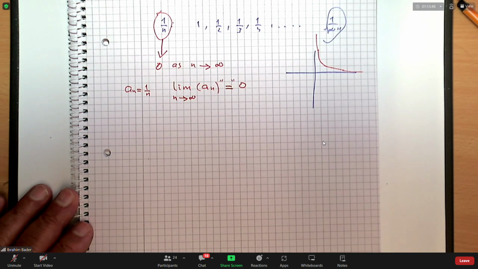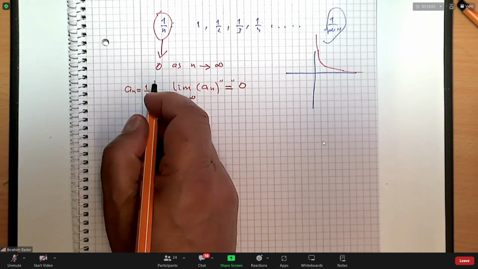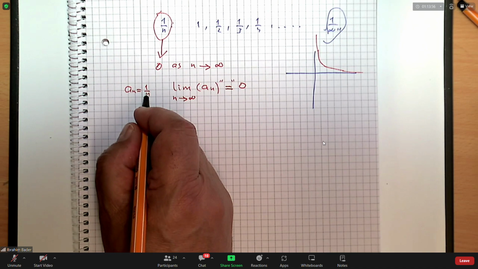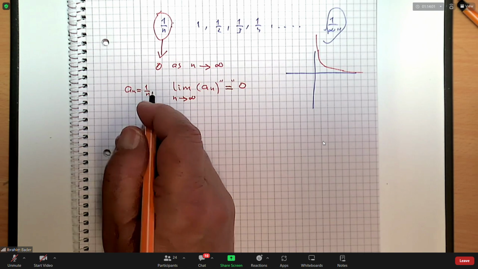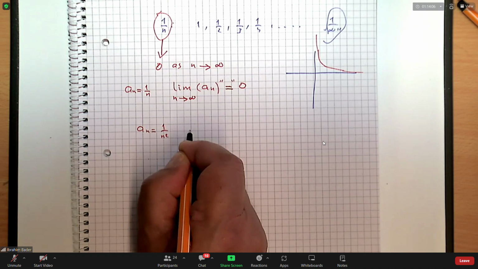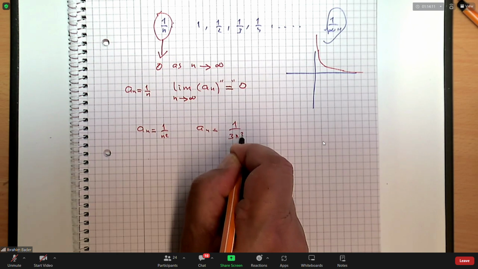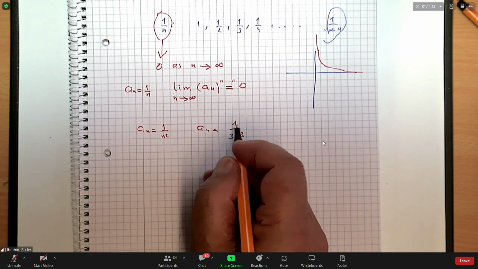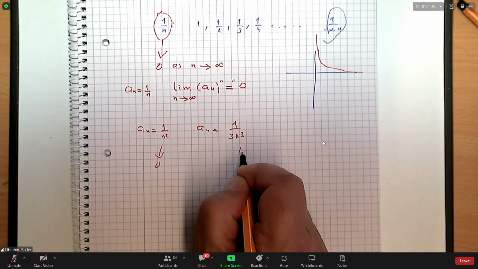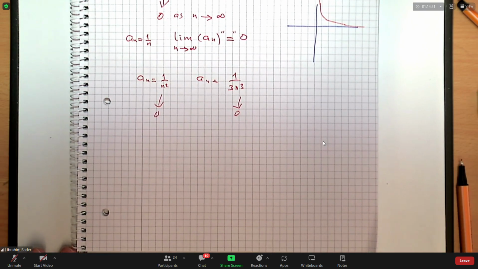But basically, if you have any sequence where the denominator gets large at infinity, it will be approaching 0. So for instance, if you have a_n equals 1/n squared, or a_n equals 1/3n to the power 3, this is all going to approach 0. Whenever the denominator becomes larger, the limit will be 0.